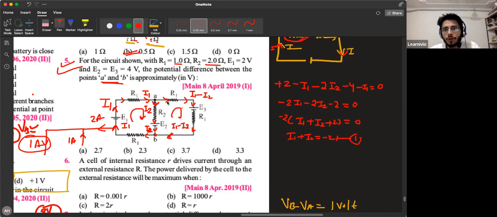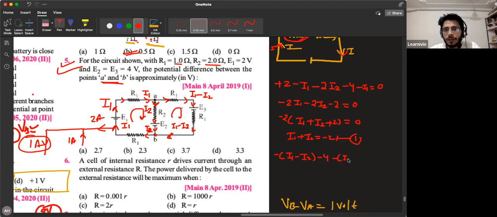When we go from here to here, R1 is 1. The current is I1 minus I2. Minus of I1 minus I2. Then you go from here to where? Higher to lower, it's fall. E3 is minus 4. Then again, you are going in the direction of current. R1 is 1. The current is I1 minus I2.